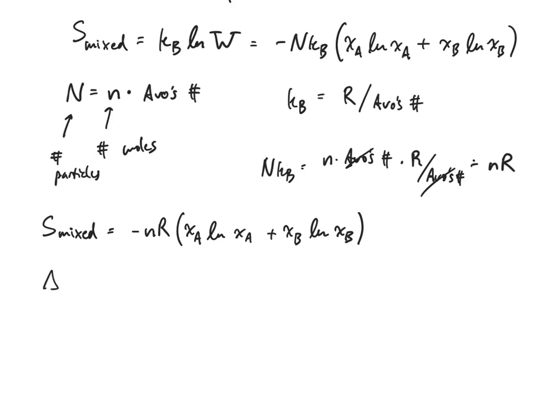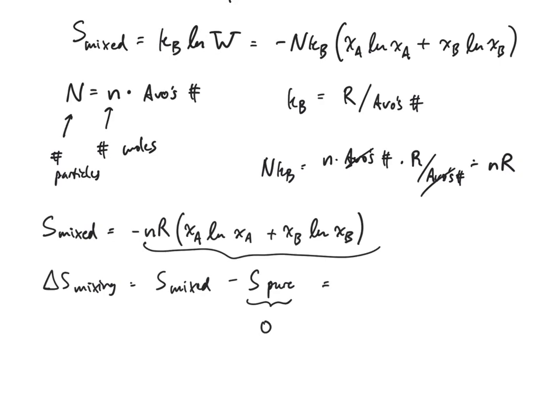And the delta S of mixing is going to be equal to the S of the mixed system minus the S of the pure system. And since the S of the pure system was just 0, this equals this expression right here. And if you look in the book, that's what it will tell you it is. So we got the same result that the book did just by using statistical arguments.